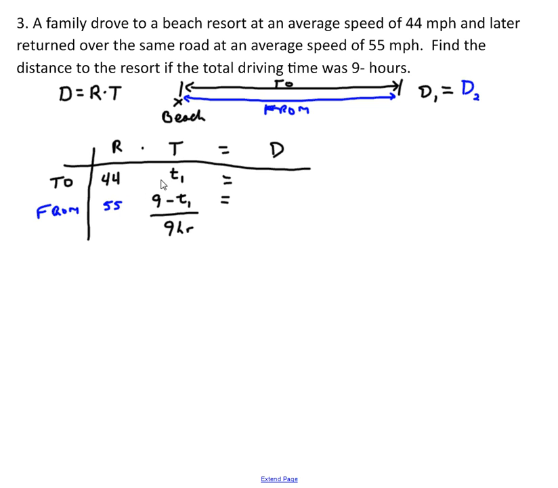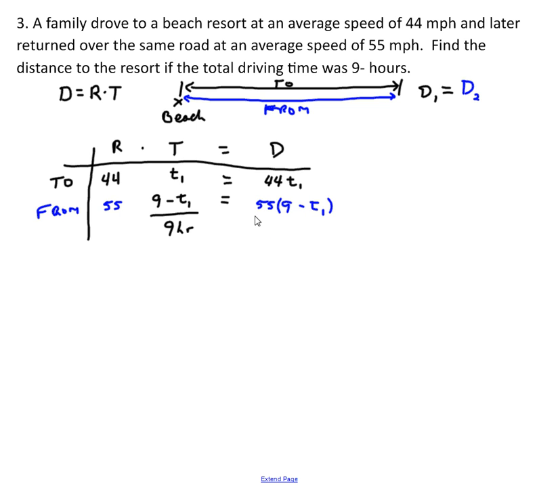Okay, so now we can use our formula. Rate times time is equal to distance. So on our trip to, we went 44 times T1 miles. How about the trip from? Well, on our trip from, we took 55 miles per hour for a time of 9 minus T1.